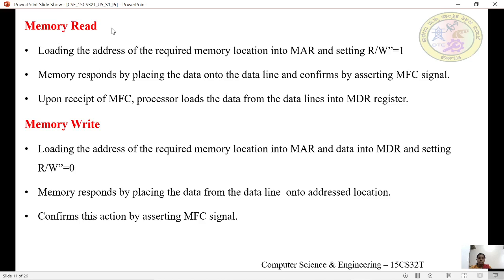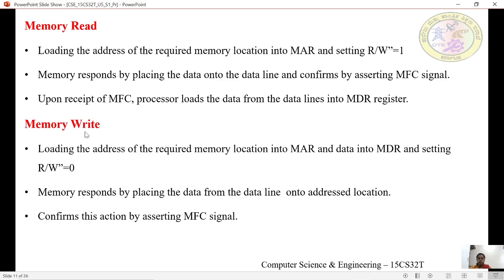During the memory read operation, the processor loads the address of the required memory location into MAR and sets the read/write signal to 1. Memory responds by placing the data onto the data line and confirms by asserting the MFC signal. Upon receipt of MFC, the processor loads the data from the data line into the MDR register.